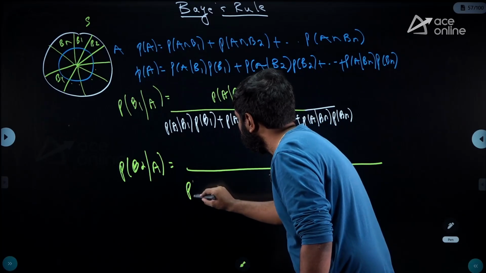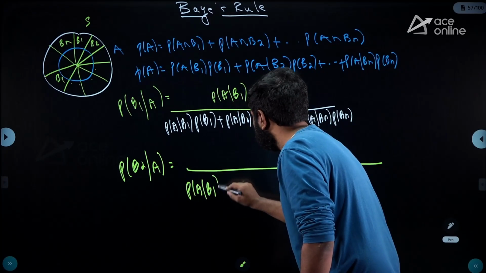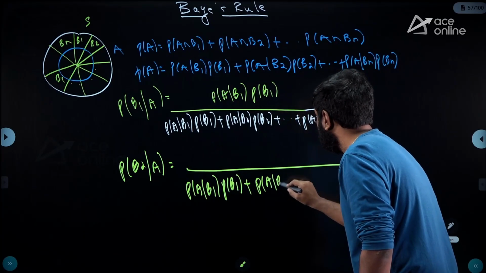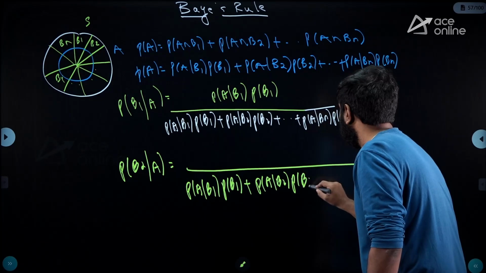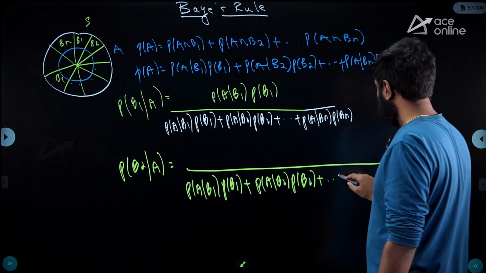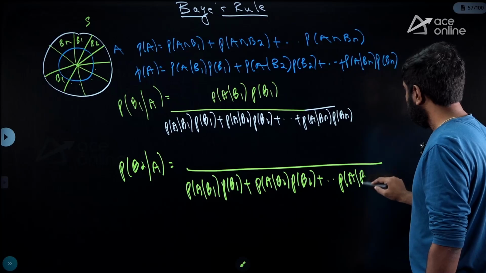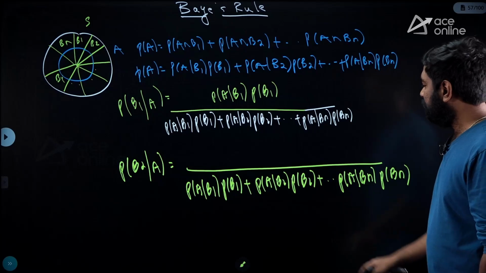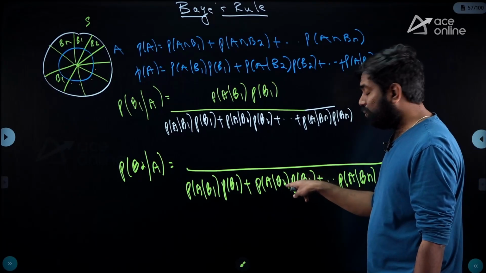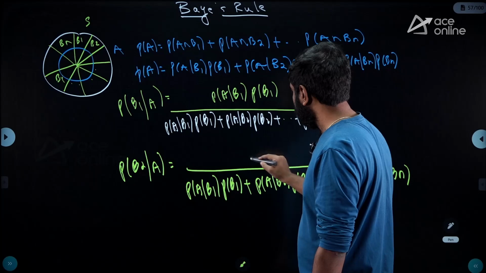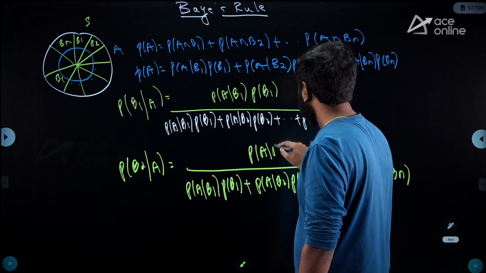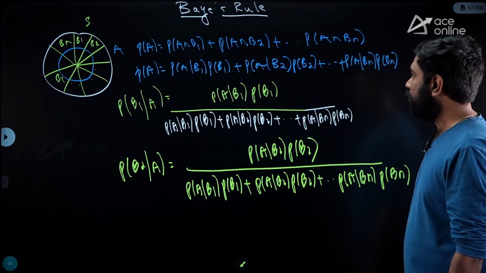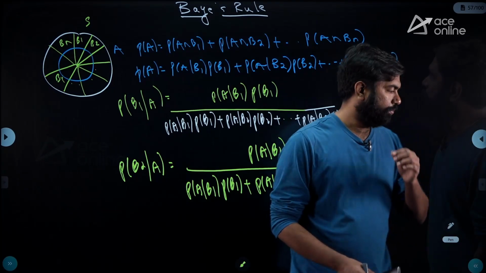The denominator is P of A given B1 into P of B1, plus P of A given B2 into P of B2, plus so on, P of A given Bn into probability of Bn. The denominator remains the same. The second term, which is related to B2, you have to just place in the numerator: the probability of A given B2 into probability of B2. I hope you got an idea about the Bayes rule.